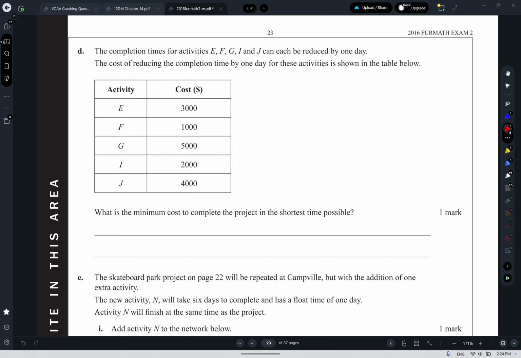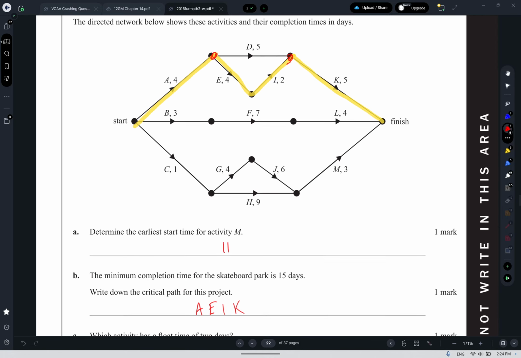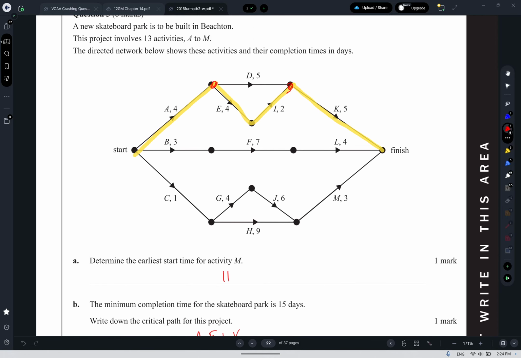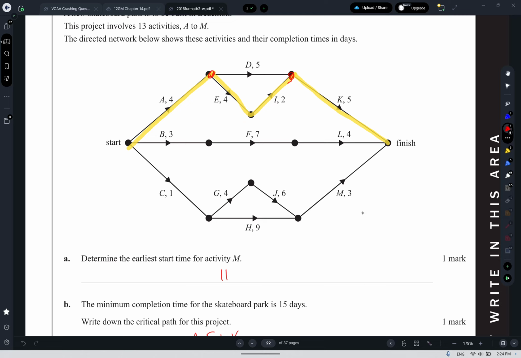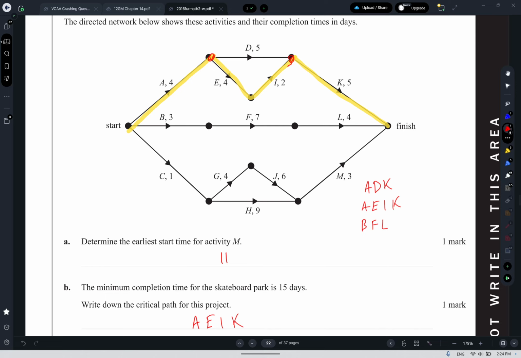A good way to approach a question like this, if you're not sure, is to write all the routes out. I'm going to write them here and then transfer them to the other page. It's A, D, K; A, E, I, K; B, F, L; C, G, J, M; and C, H, M. We'll write the durations as well.